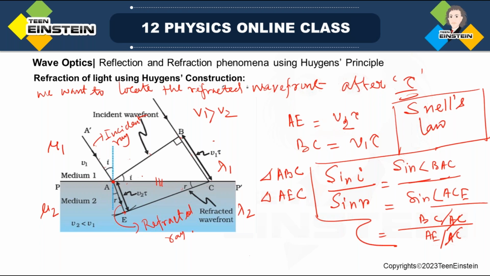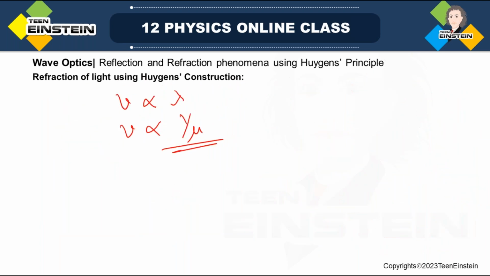Okay, so we have already seen this. Now, in case of a lens, how do we explain it? Suppose this is a convex lens.